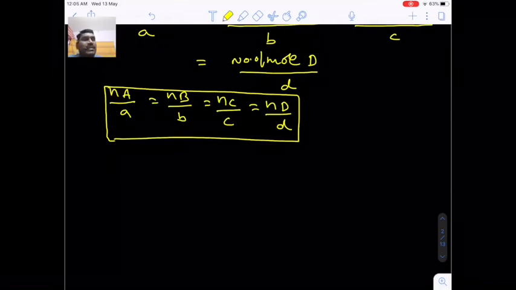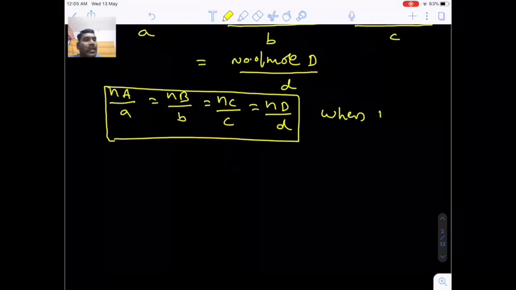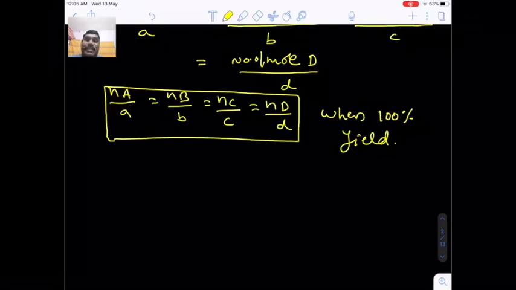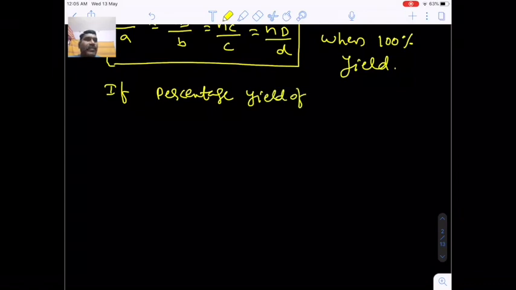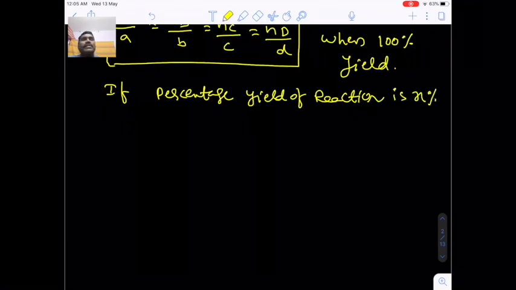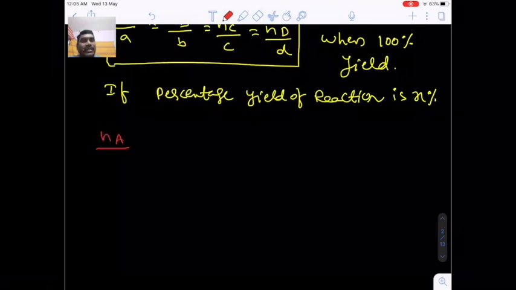Now this is when there is 100% yield. Let's suppose the percentage yield of the reaction is X%, then here we have to write number of moles of A divided by stoichiometry coefficient into percentage yield of the reaction, only for the reactant side.